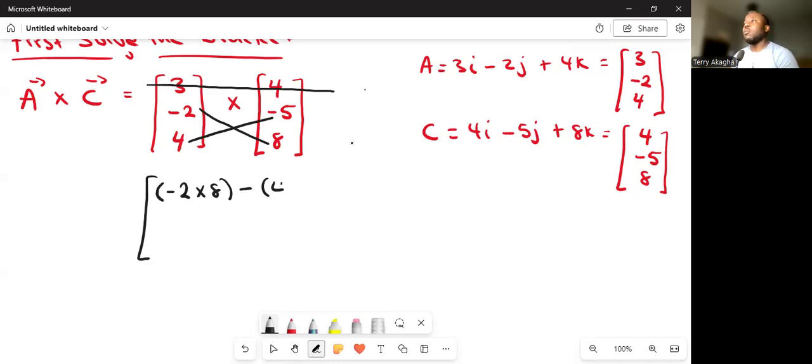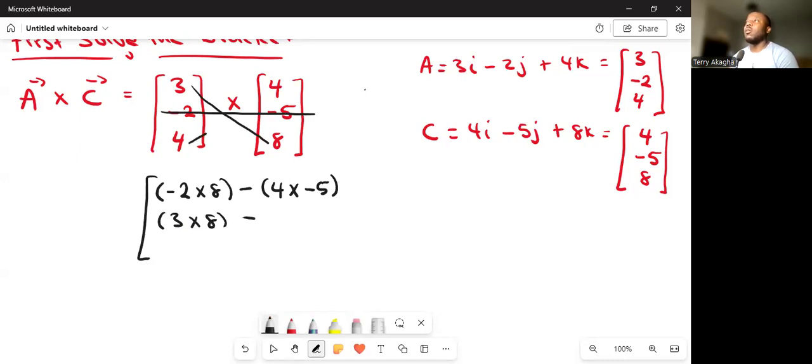Then we put a straight line on the next one: 3 and 8. So it's going to be 3 multiplied by 8 minus 4 multiplied by 4.